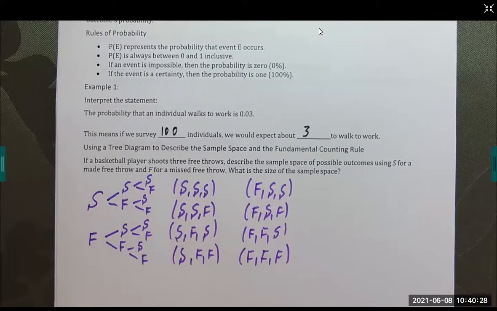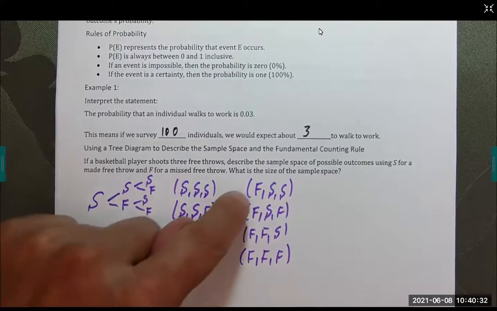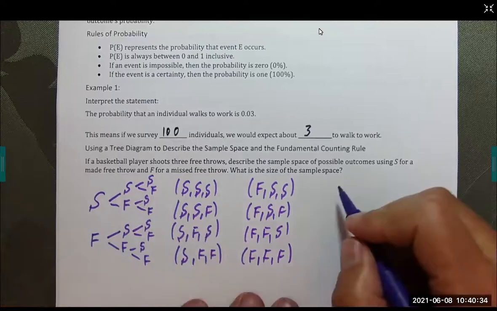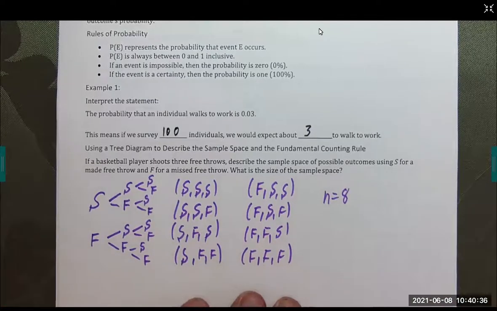So what is the size of our sample space? It looks like we have 1, 2, 3, 4, 5, 6, 7, 8. So our sample space size in this case is 8.